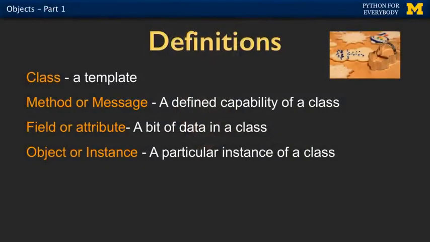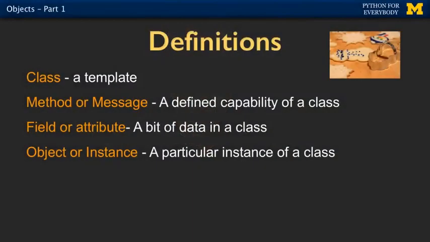And so some terms that we're going to be using are class, object, method, and attribute. A class is the shape of an object. It's a template. In the little example, it's like the cookie cutter, and then the object is like the cookie. So you can make a bunch of objects. String is a class.